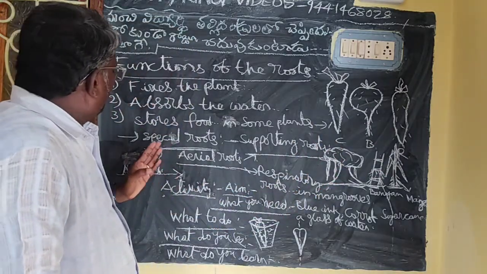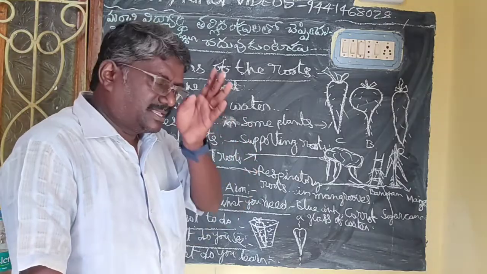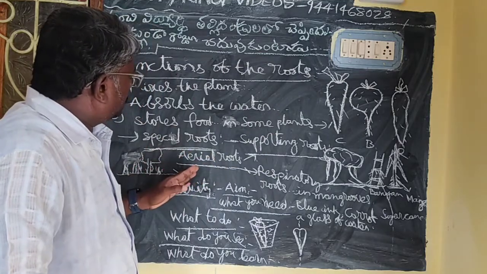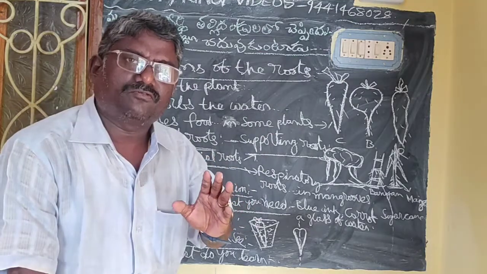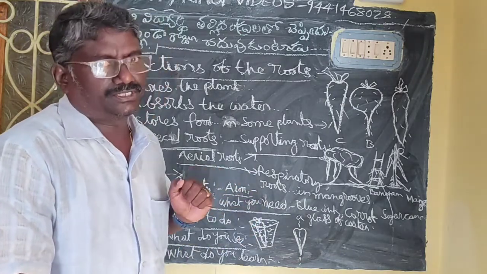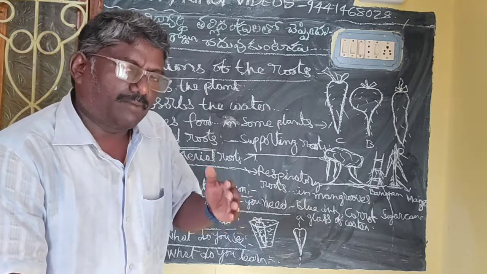There are some special roots also in some plants. Such plants have additional functions, and we call them aerial roots because they are above the ground.